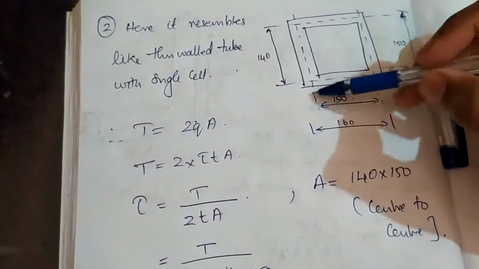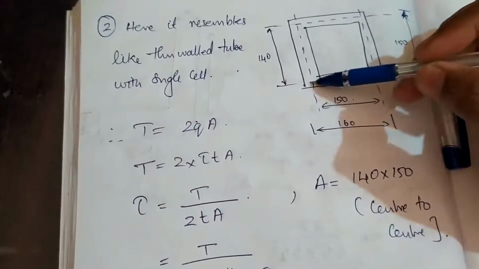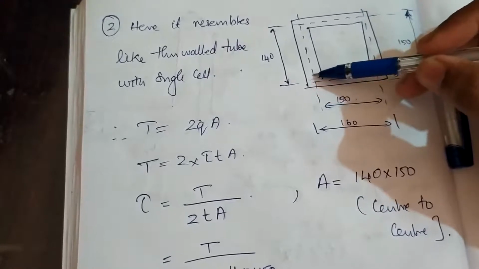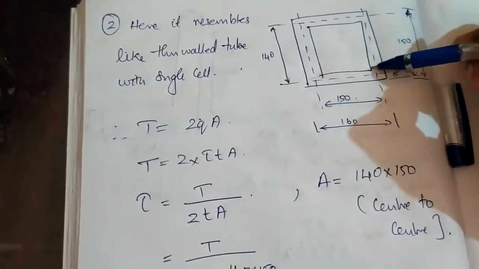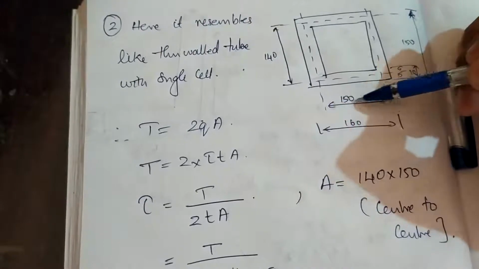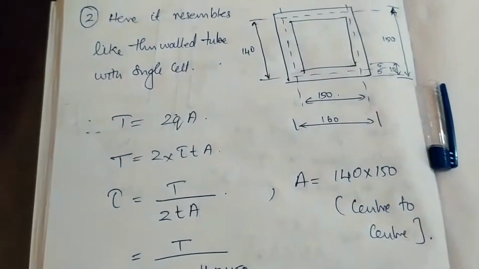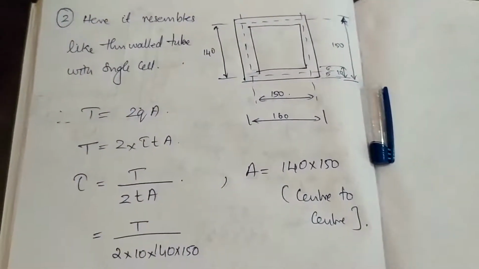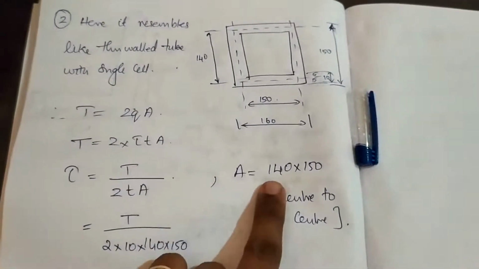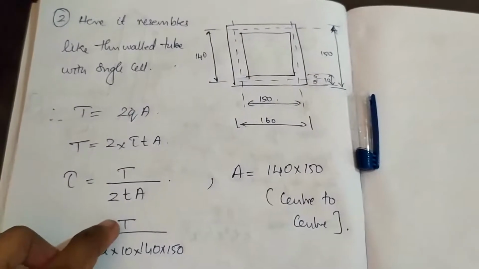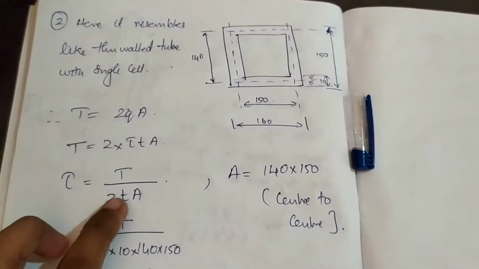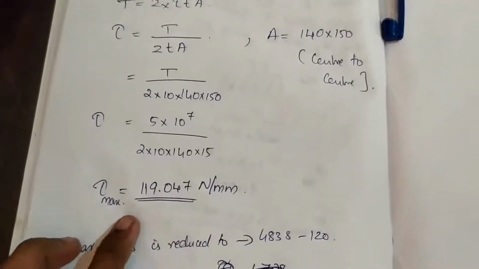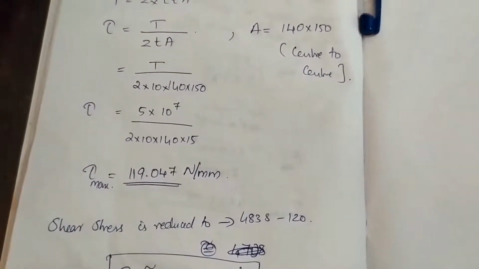The total is 160 and the thickness is 10, so we take 5 on each side, and it becomes 150. Similarly it becomes 140. So you have the area. Now the torque is given and the thickness is 10. Apply this and you will get tau max as 119.047 Newton per mm square.